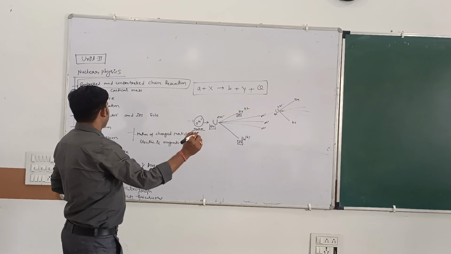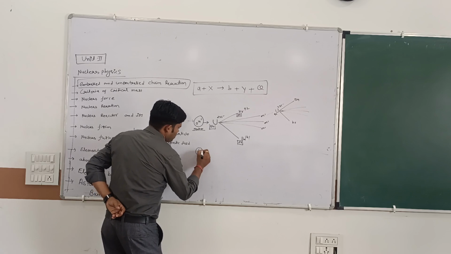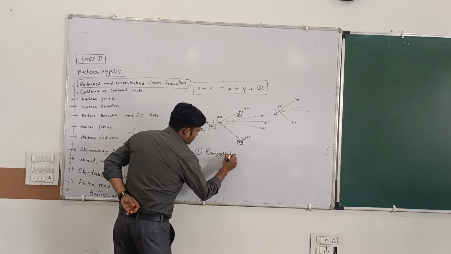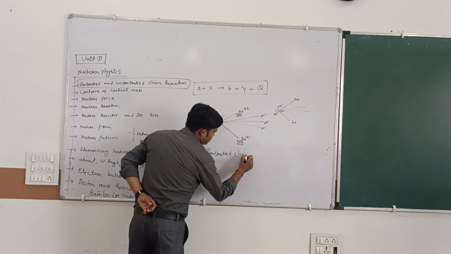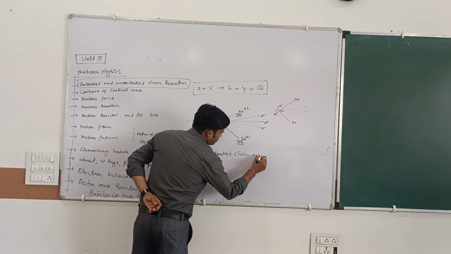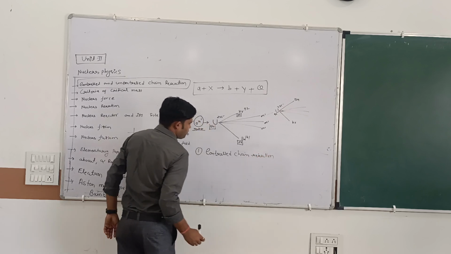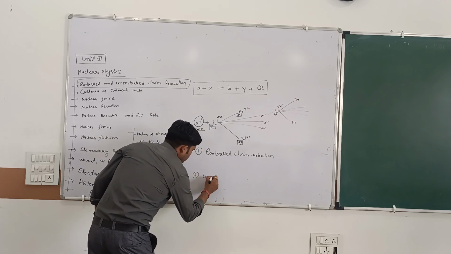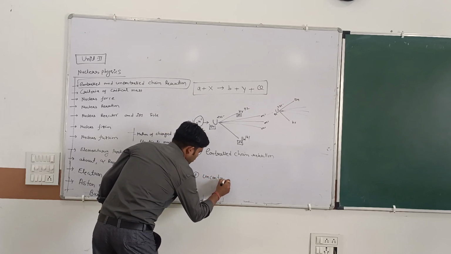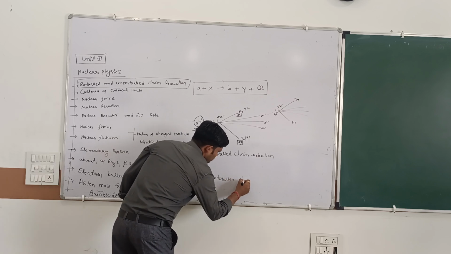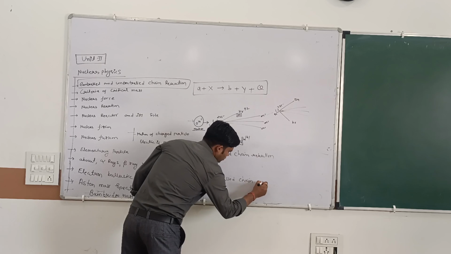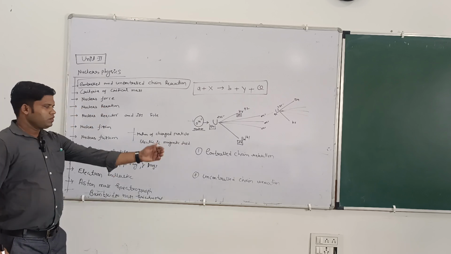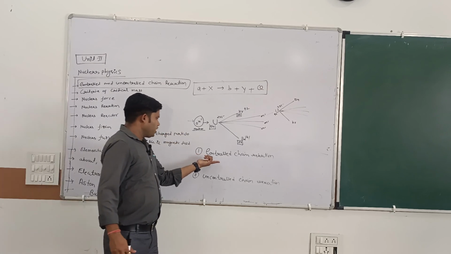So the types are: first, controlled chain reaction, and second, uncontrolled chain reaction.